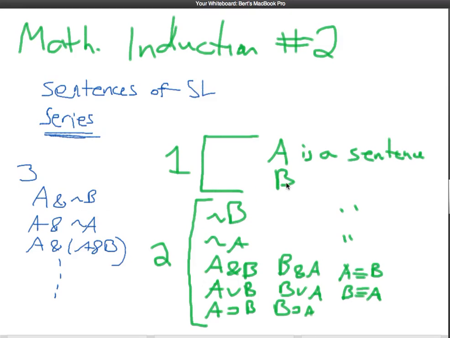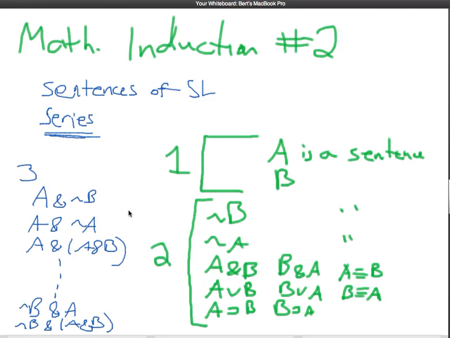And then I would do the same thing with B, using conjunction to add it to all these sentences. And then I would use not B and join it with each of these sentences as well. So I'll have not B and A, and then not B and B, and eventually on the list I'll get to not B and A and B.